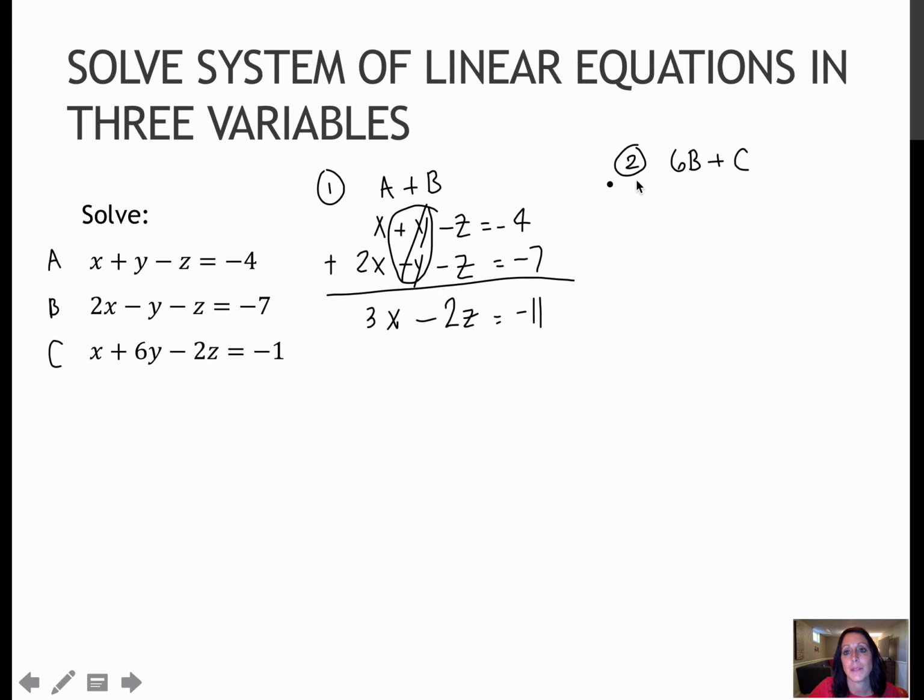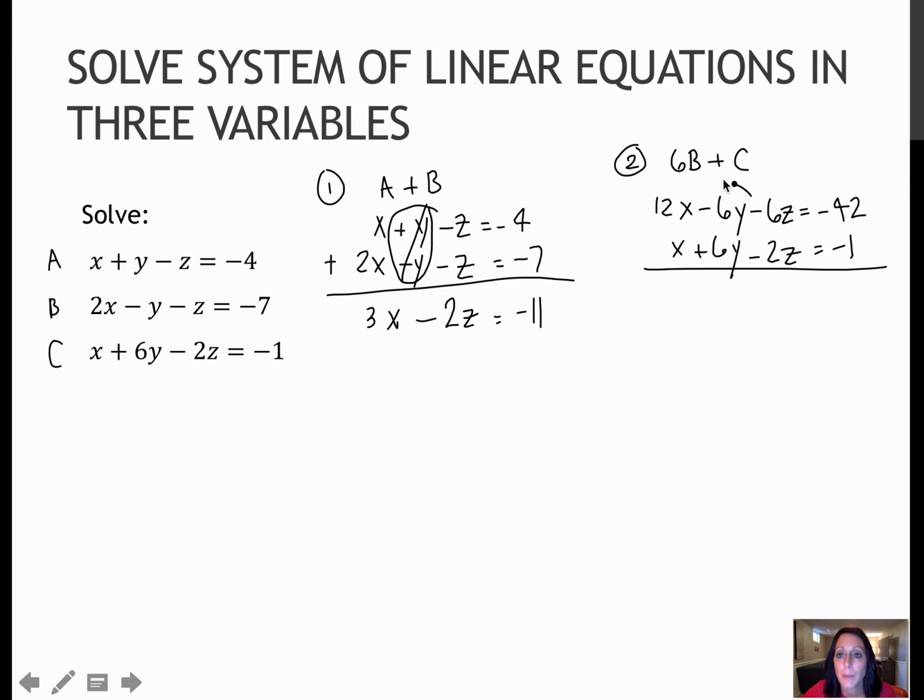I would have to take it times 6 to make it a -6. So I'm going to take 6 times 2, which is 12x, 6 times minus y, which is -6y, 6 times minus z, which is -6z, and 6 times -7, which is -42. I'm going to add C to that, so x plus 6y minus 2z equals -1.